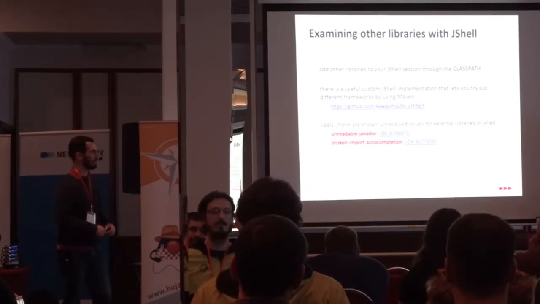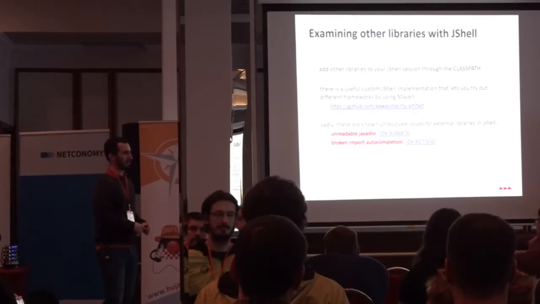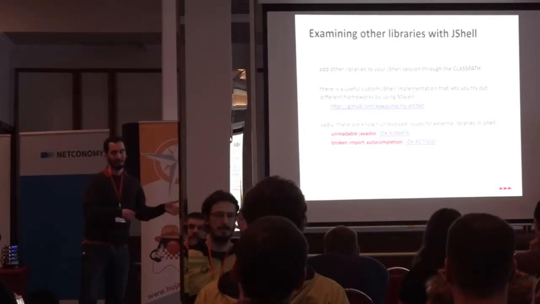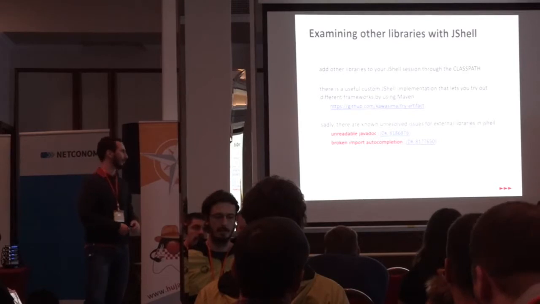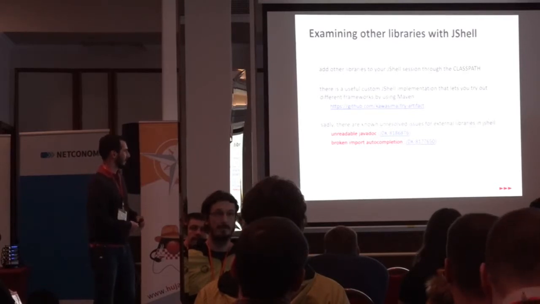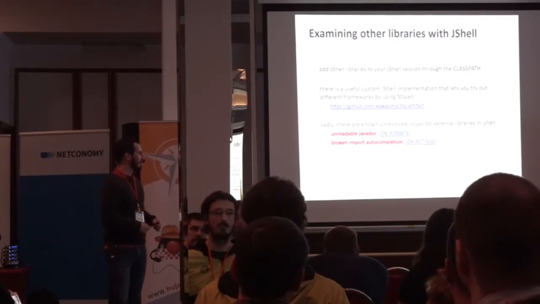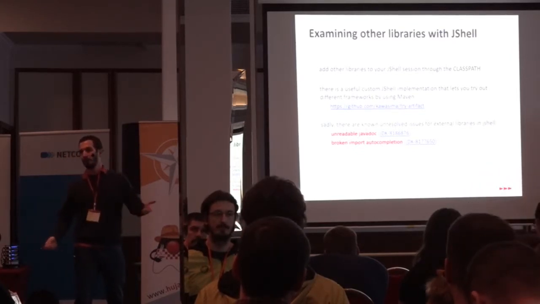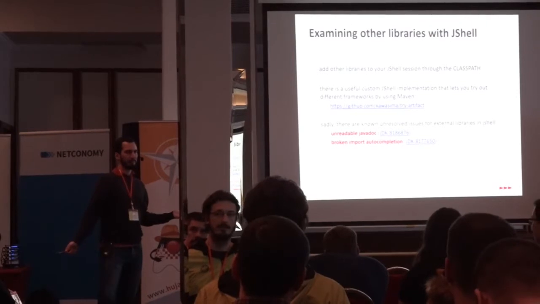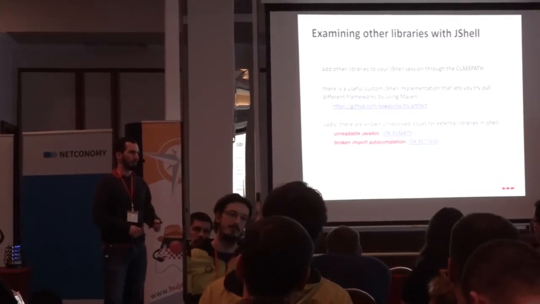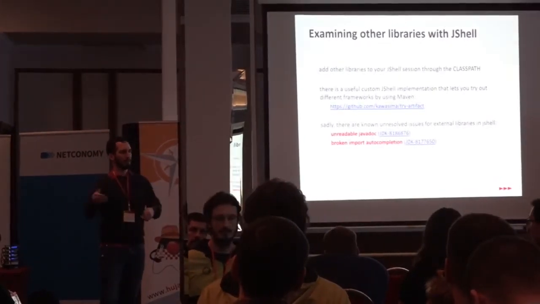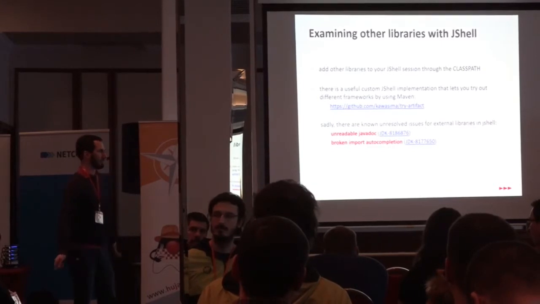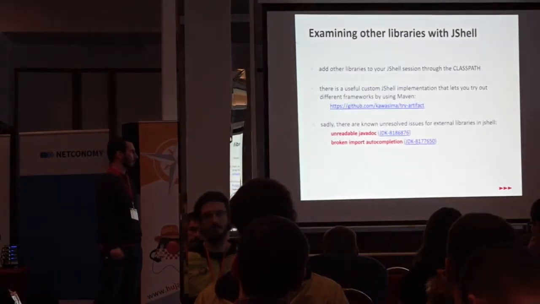So if it's something that really interests you, just use the pre-release version of Java 9. Not a very good solution, but there's that. And the import autocompletion is broken. So for instance, if I imported the Google Guava library, it wouldn't autocomplete the com.google. It would act as if it doesn't know what I'm trying to do.